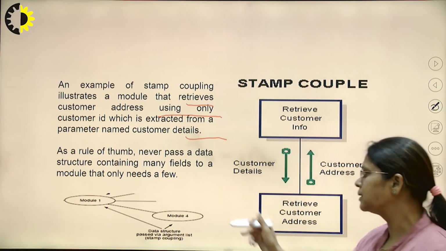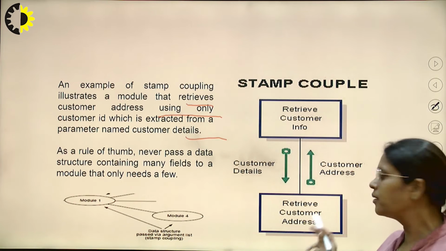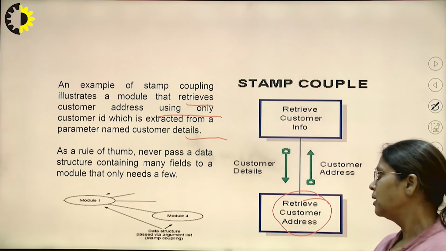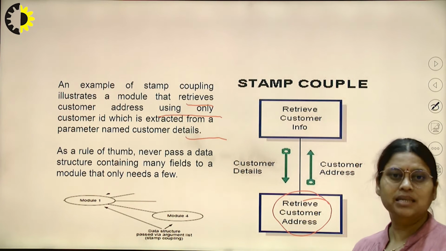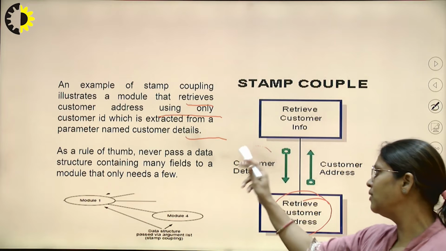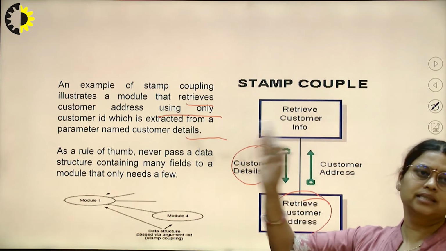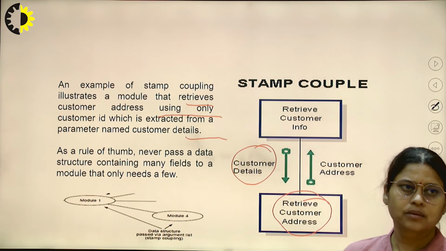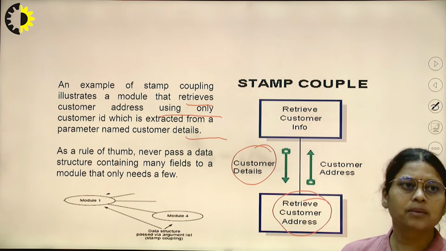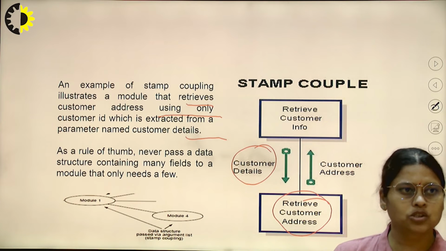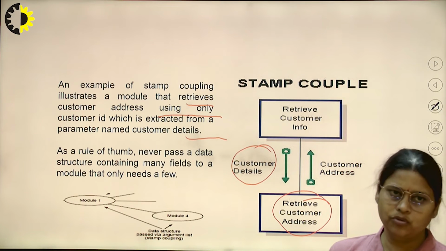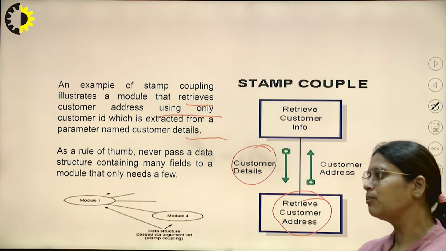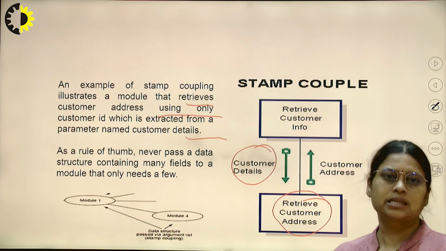In this case we just want to access the customer address, but instead of passing only one parameter, that is the customer ID, we pass the whole data structure, the whole customer details, from module A to module B. As a rule of thumb, never pass a data structure containing many fields to a module that only needs a few. We use stamp coupling when there is a need for the whole data structure.